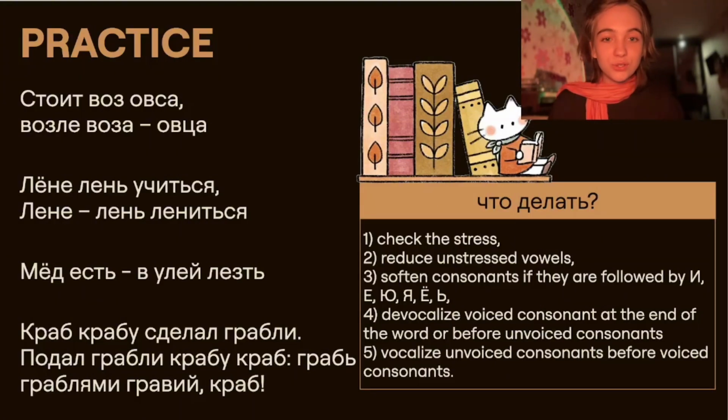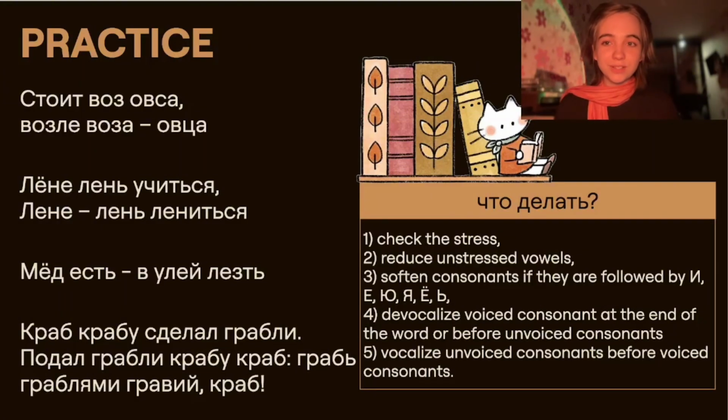After this, reduce unstressed vowels. After this, check the consonants and soften them if needed. Then devoice voiced consonants and voice unvoiced consonants if needed. So now pause this video, read these tongue twisters, and after this check yourself with my pronunciation.